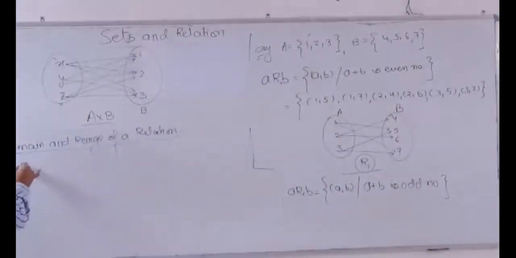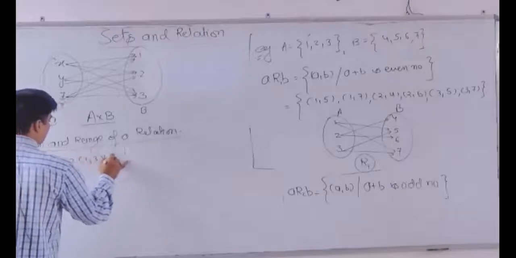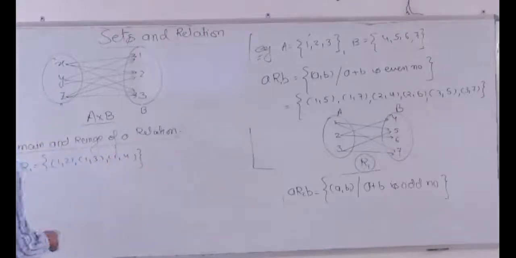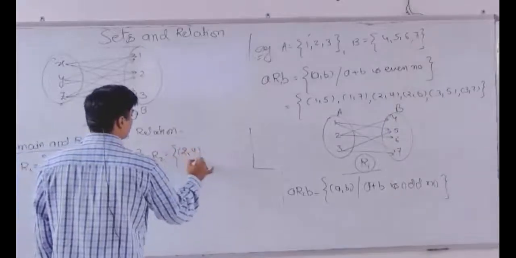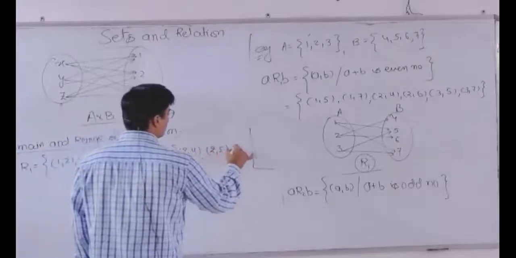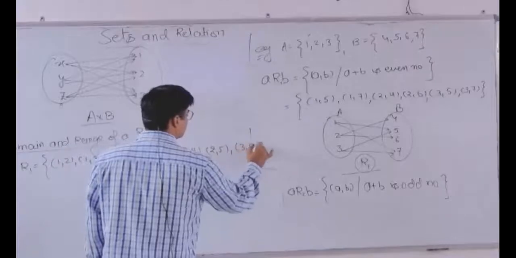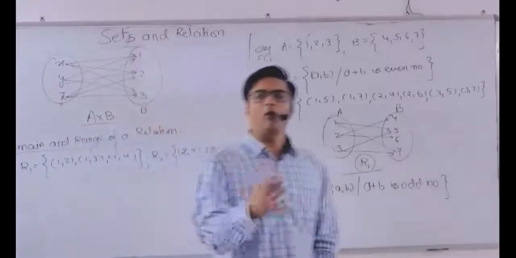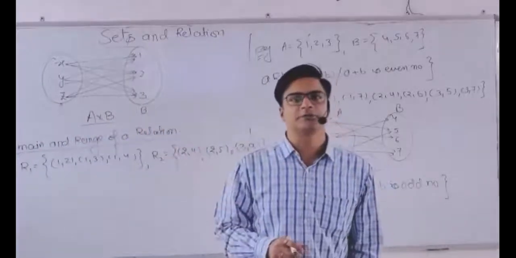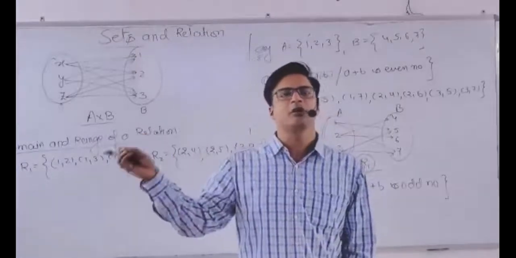Let's say I am defining R1 having entries (1, 2), (1, 3), (1, 4). And R2 I am defining as (2, 4), (2, 5), (3, 9). Domain is nothing but the set of all first entries of a relation.